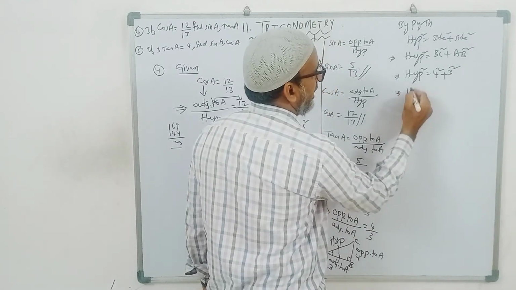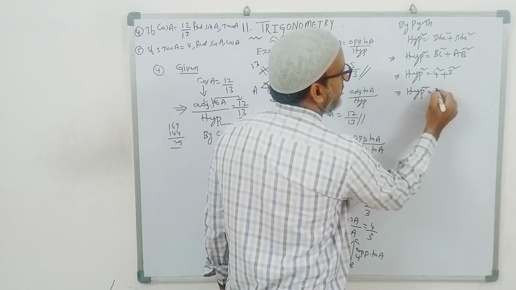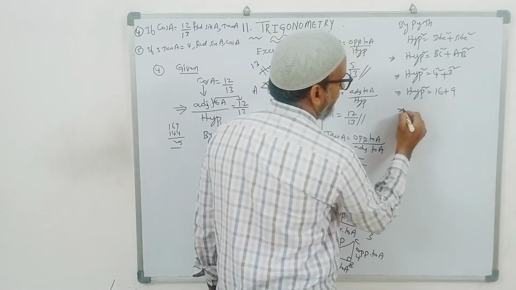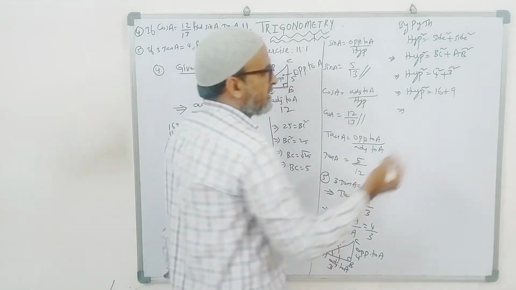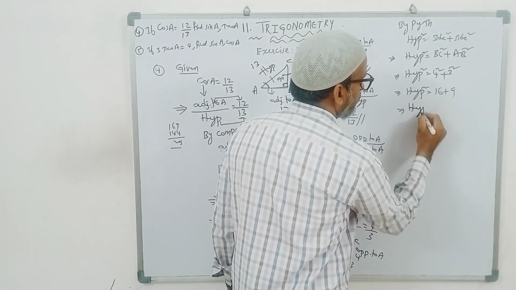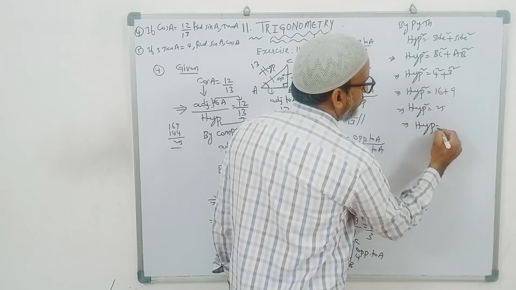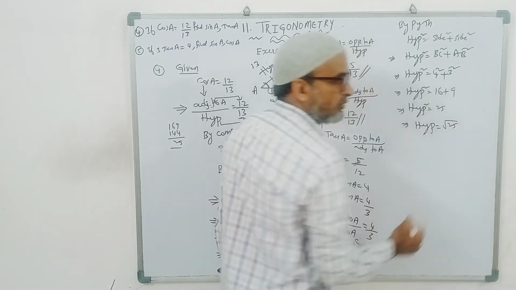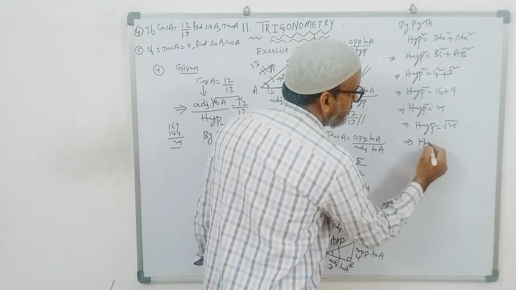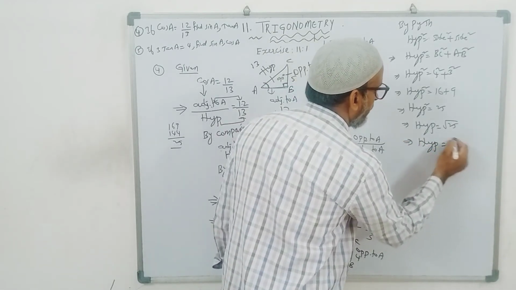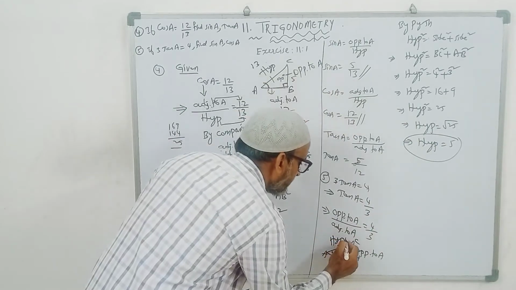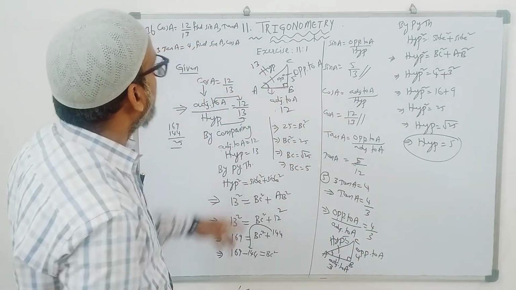Hypotenuse square is equal to 16 plus 9, which is 25. Taking the square root, hypotenuse is equal to 5. Hypotenuse value you got as 5.